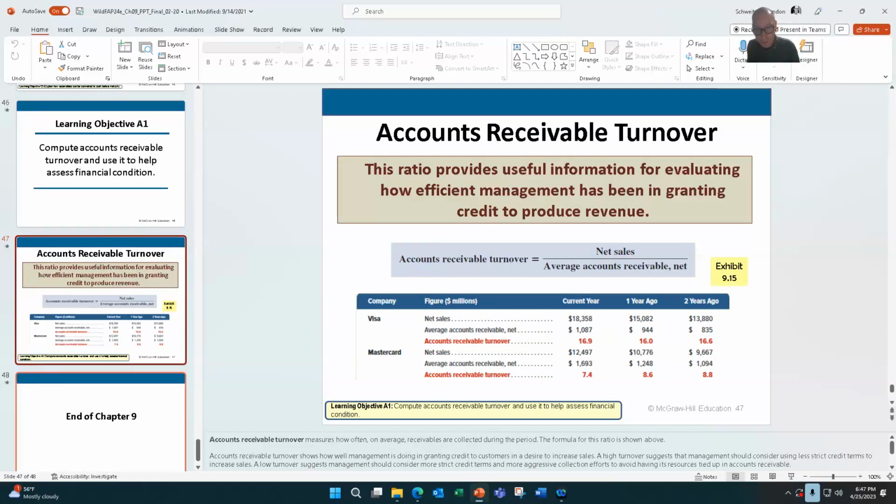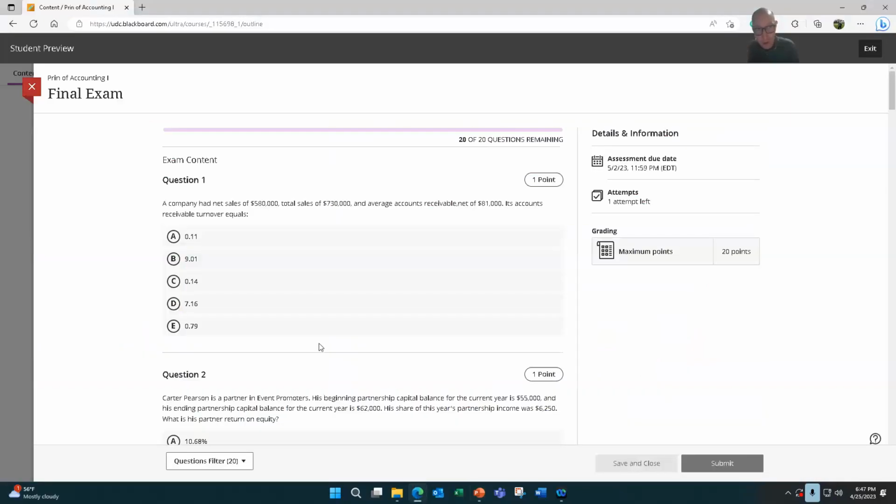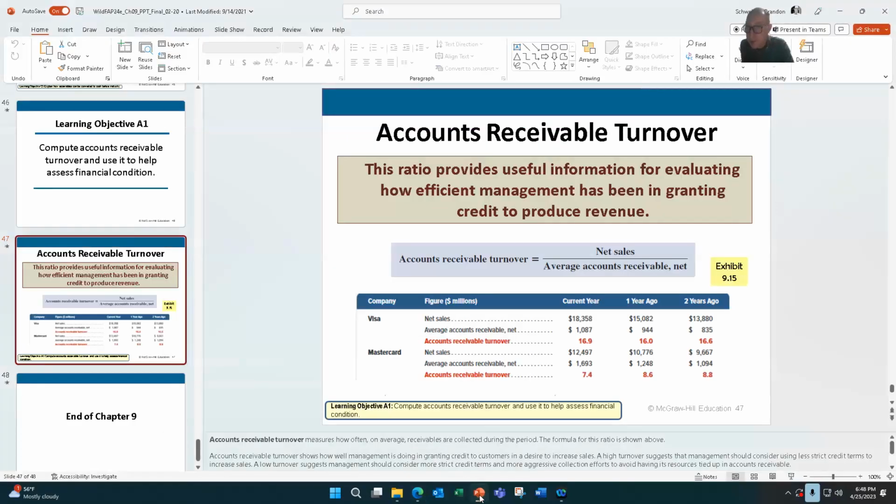Here's why this is important. If you look at the question, you have too much information. You have net sales and total sales. You have accounts receivable average. That's too much information because the definition says net sales divided by average accounts receivable.